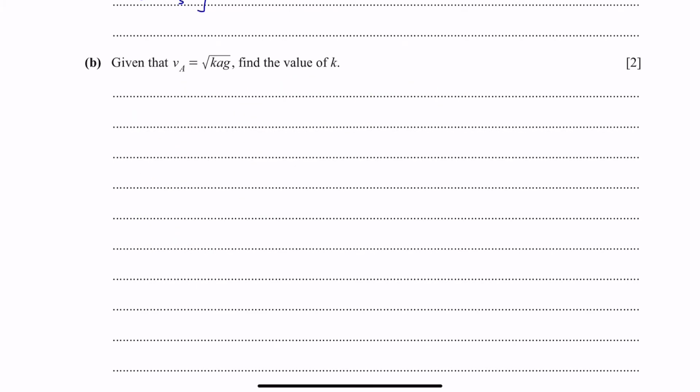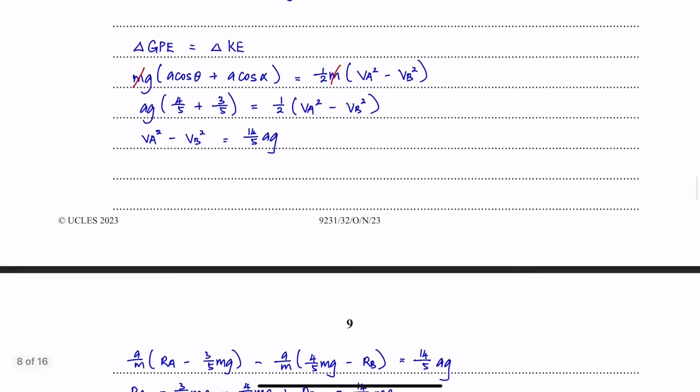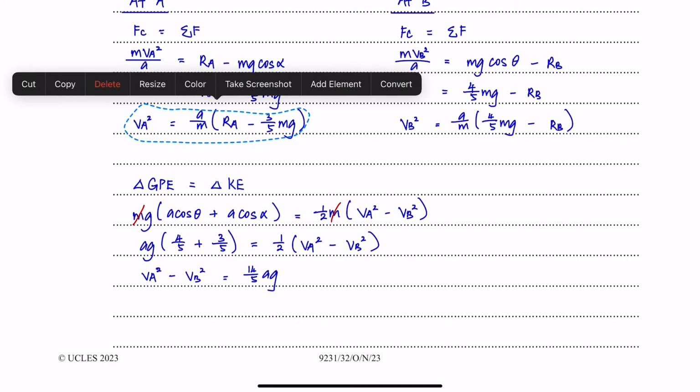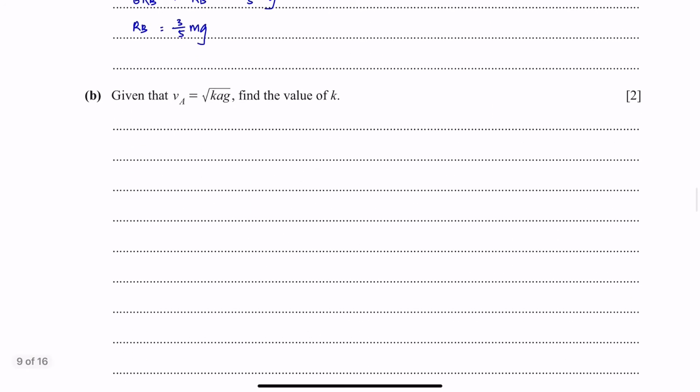Given that Va is set as k root ag, we need to find the value of k now. From the previous part, we have this equation to find Va squared, but we need the value of Ra. Ra is 6 times Rb, which is 3 over 5 mg, so we would have Ra as 18 over 5 mg.